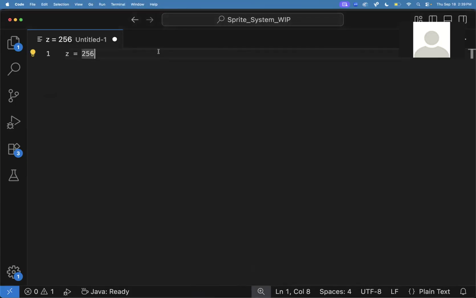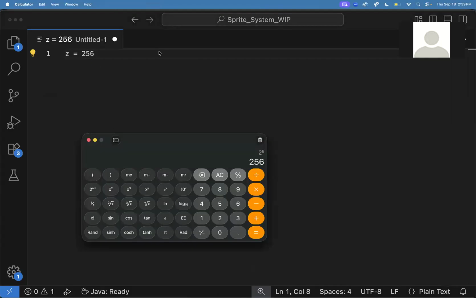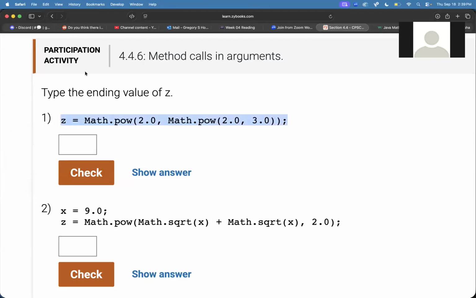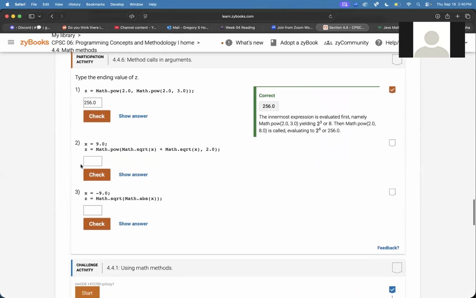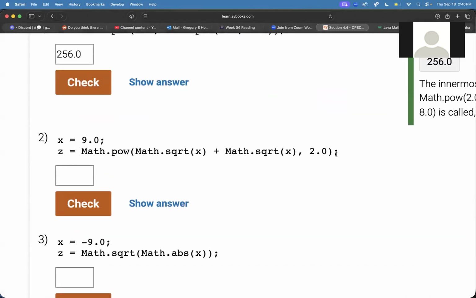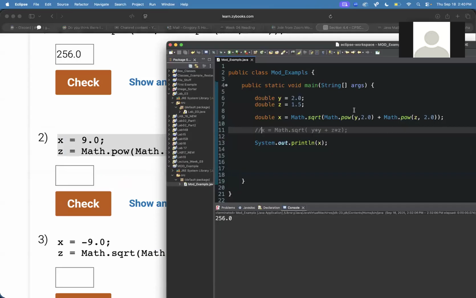So coming back over to the web browser, this would be 256.0. Okay. Now, the other thing you could do if you're too lazy to do that is you could copy these, go over to Eclipse, and put them in.